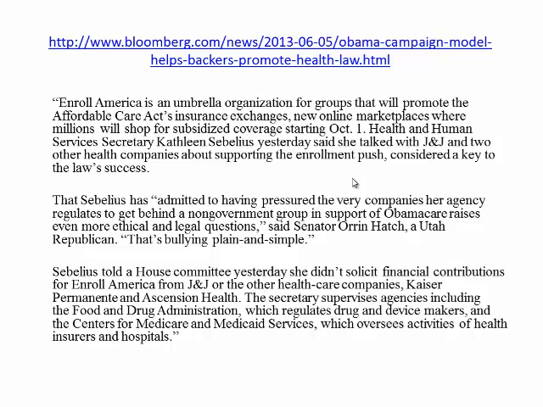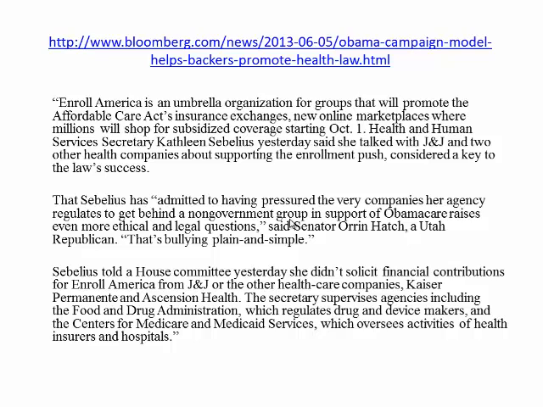Okay, so clearly Orrin Hatch, the Republican senator from Utah, is objecting to what he sees as the pressure that the Obama administration has put on insurance companies, and the pressure is to get behind this nonprofit organization that the administration created called Enroll America.